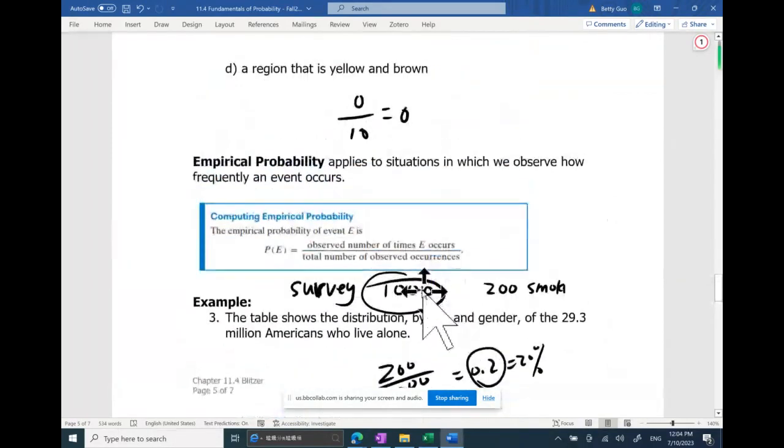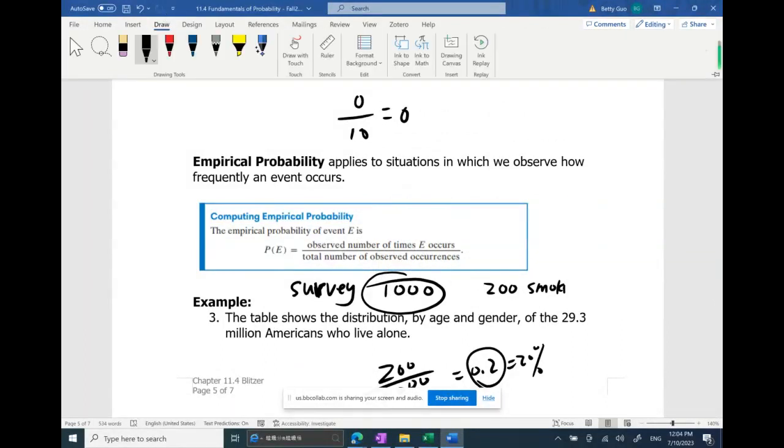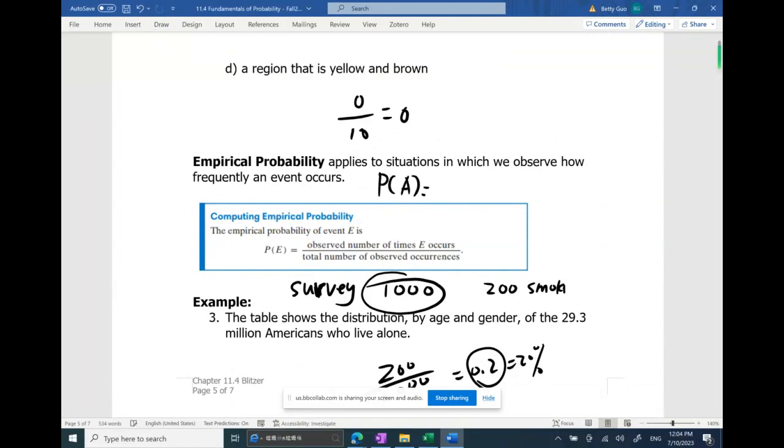Okay, make it simple. In an empirical probability model, what's the formula to find the value of the probability? P of A equals K over N. I use the same formula, but different meaning. The denominator is the total number of observed occurrences. You survey 1,000 people, then the denominator is going to be 1,000. And the numerator is the number of observed times the event actually occurs.